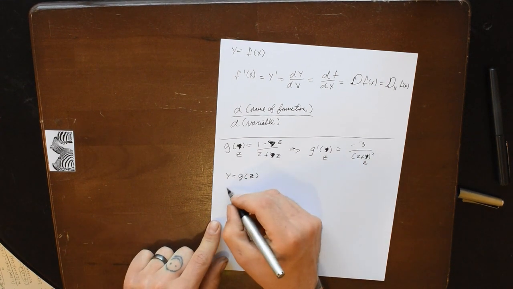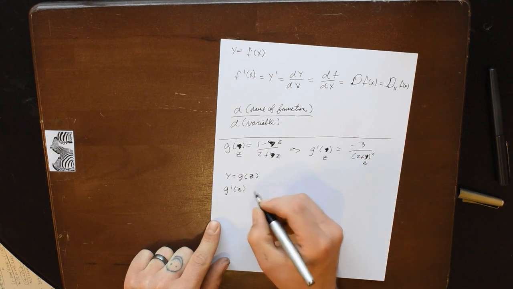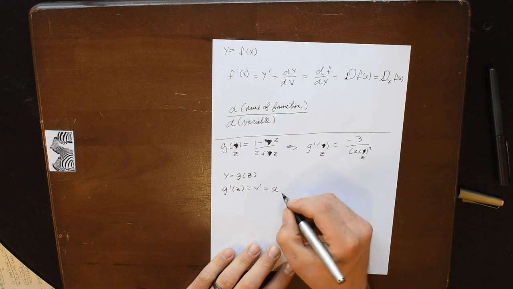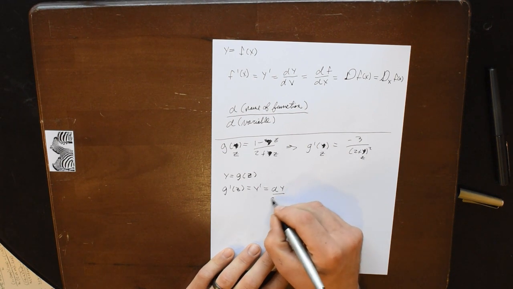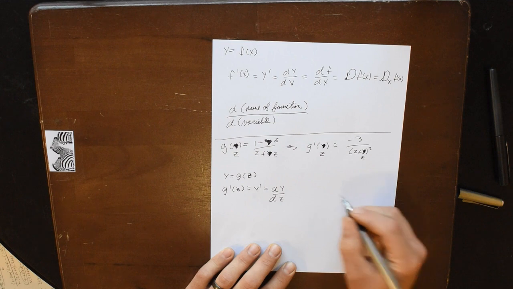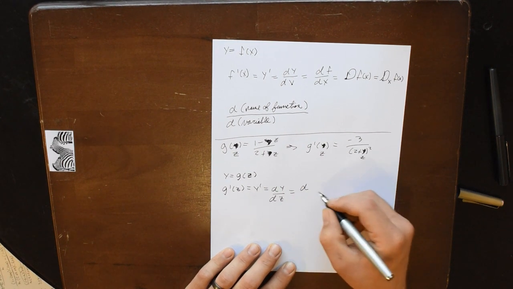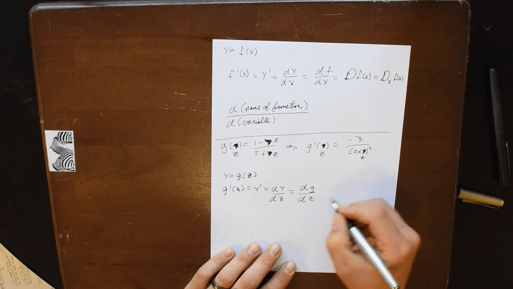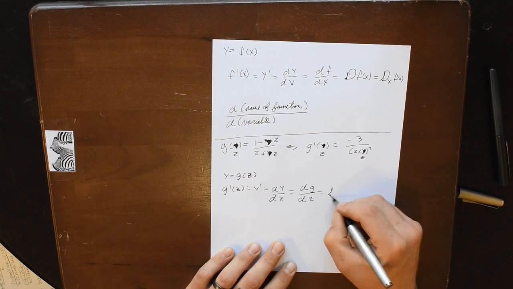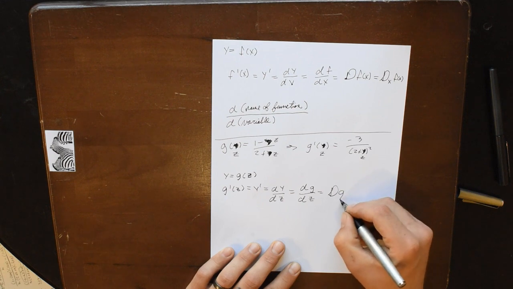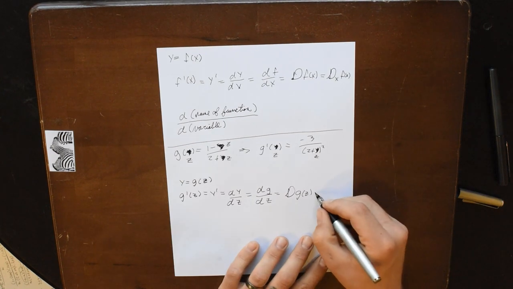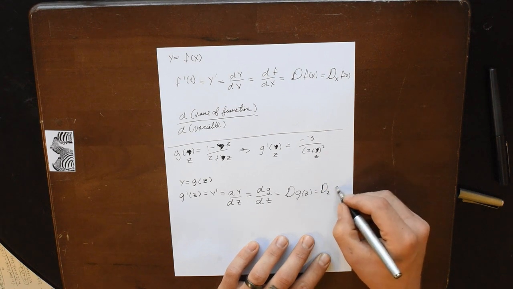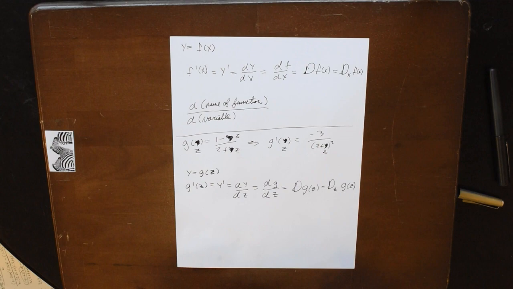And so we would have g prime of z being equal to y prime, being equal to the derivative of y with regards to z. Or we could talk about the derivative of g with regards to z, or the derivative of g of z, or the derivative with regards to z of g of z.